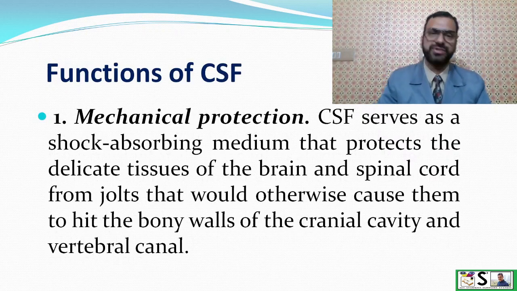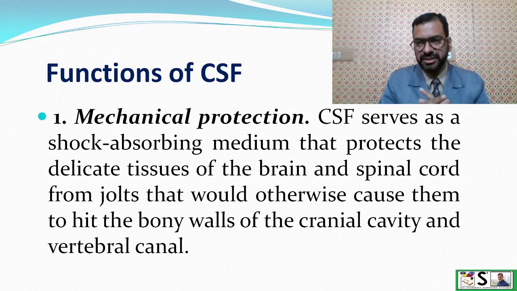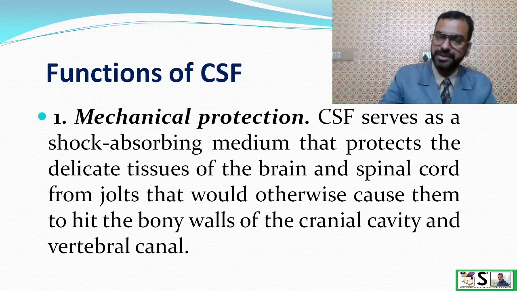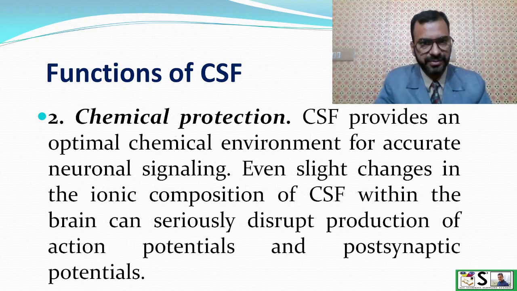What are the functions of CSF? One is mechanical protection. The CSF serves as a shock absorbing medium that protects the delicate structure of the brain and spinal cord from the jolts that would otherwise cause them injury by hitting the bony walls of the cranial cavity and vertebral canal. So it protects against physical injuries to the brain and spinal cord.